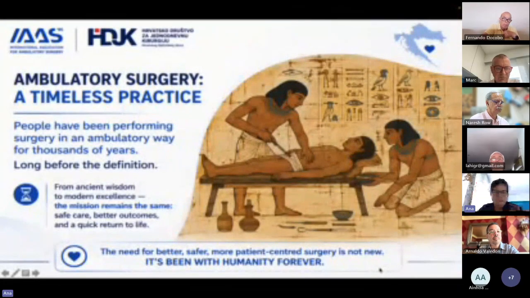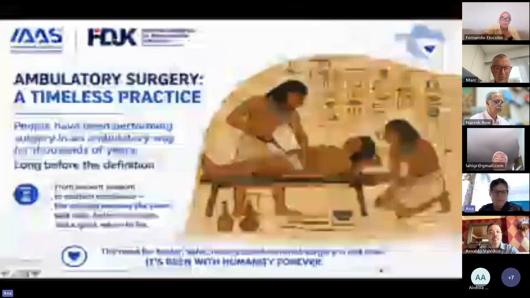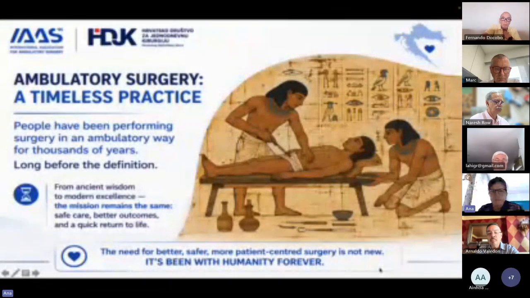Of course, the mission always remains the same: to deliver safe care, provide better outcomes, and quick return to life.